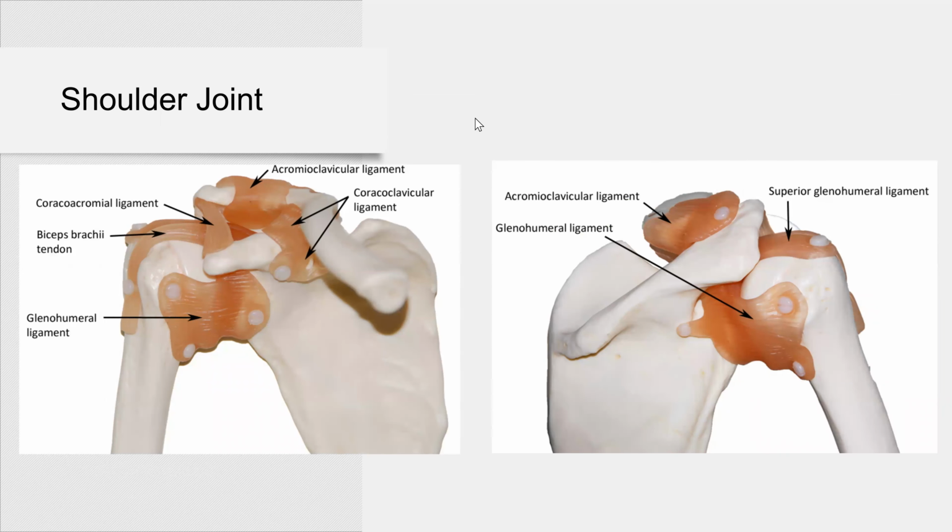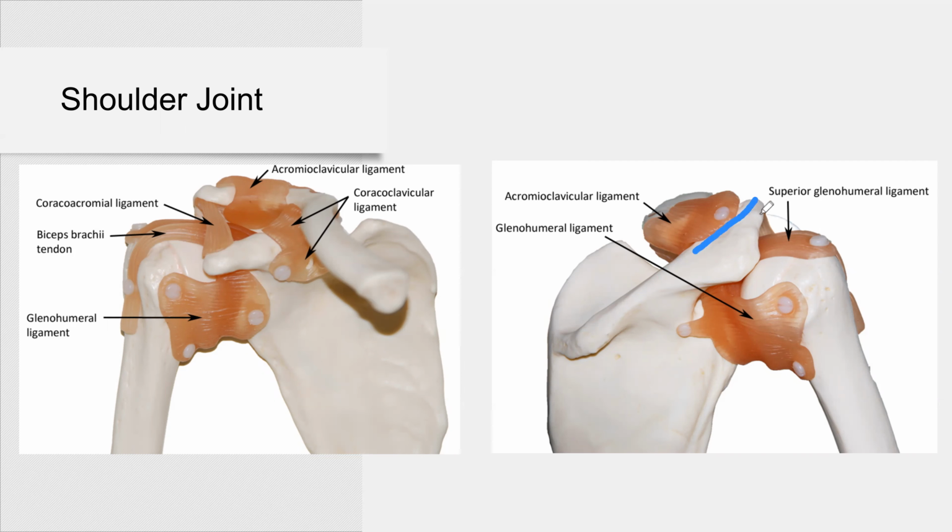Other ligaments that we need to know that support the shoulder joint are shown on those pictures. The names of those ligaments correlate to the names of the bony processes of the scapula and the other bones that they connect, the clavicle or humerus. Here's what I mean. I already told you that this is the spine of the scapula.